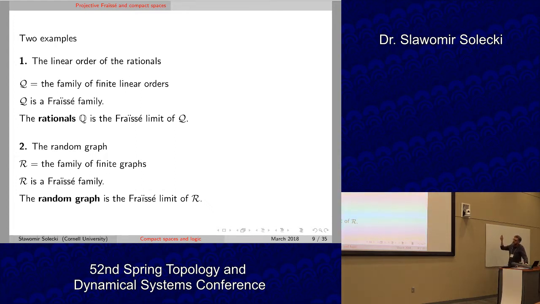The usual way one defines it is you look at the natural numbers and then for each pair of natural numbers you flip a coin. If it comes up heads, you draw an edge. If it's tails, you don't draw an edge. And then you do it independently for each pair. And then with probability 1, you get the same object. And this is the graph.